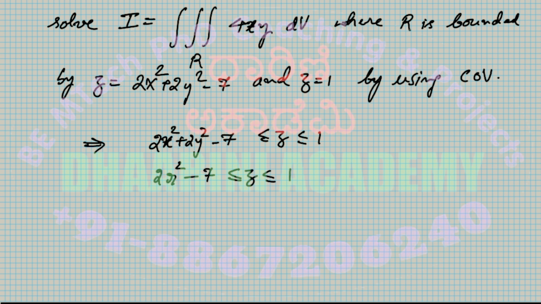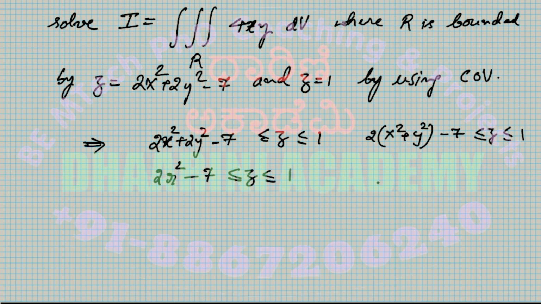Right. Now let's say the height is 0. Let us say that there is no height for the time being. Once again, I'll write like this. I skipped one step. 2 times x square plus y square minus 7, less than or equal to z, less than or equal to 1. Is it okay? Now you see, what is x square plus y square?